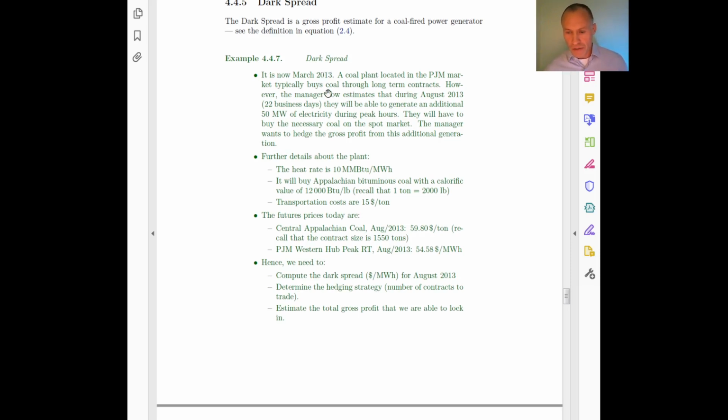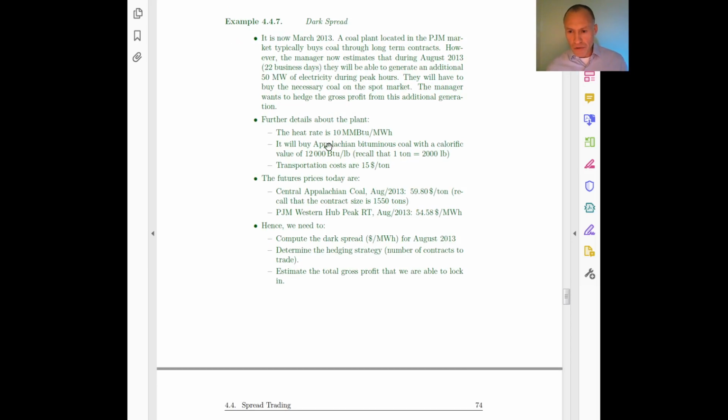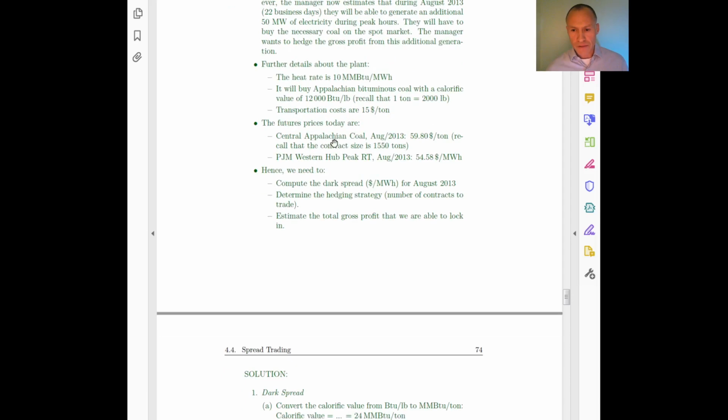So here is the scenario. Now we're going to use these futures on coal. Recall this futures here on coal is defined in the previous section when we talk about coal futures. It's this one here. So that's where these properties of the contract, these characteristics of the contract come from.